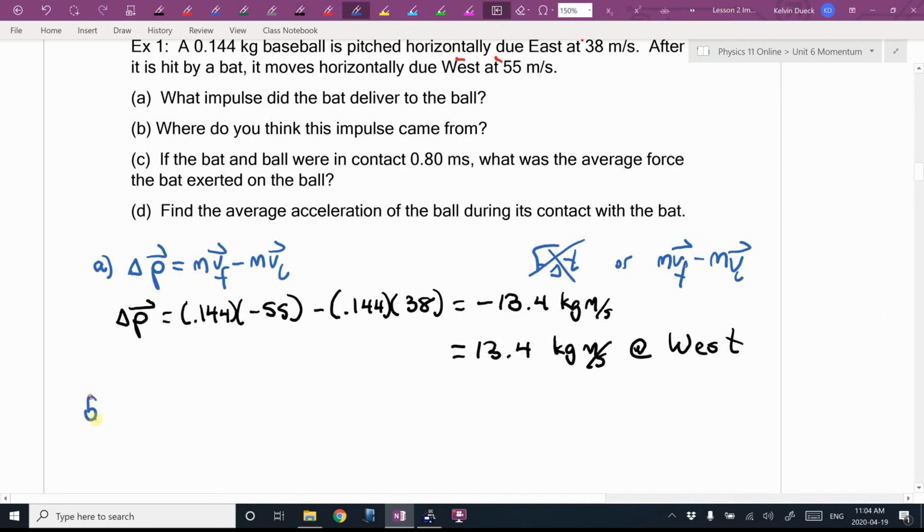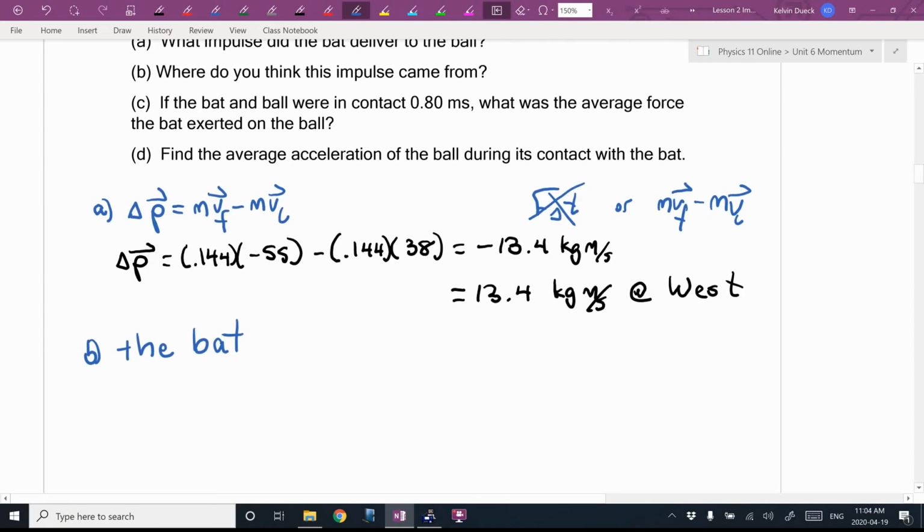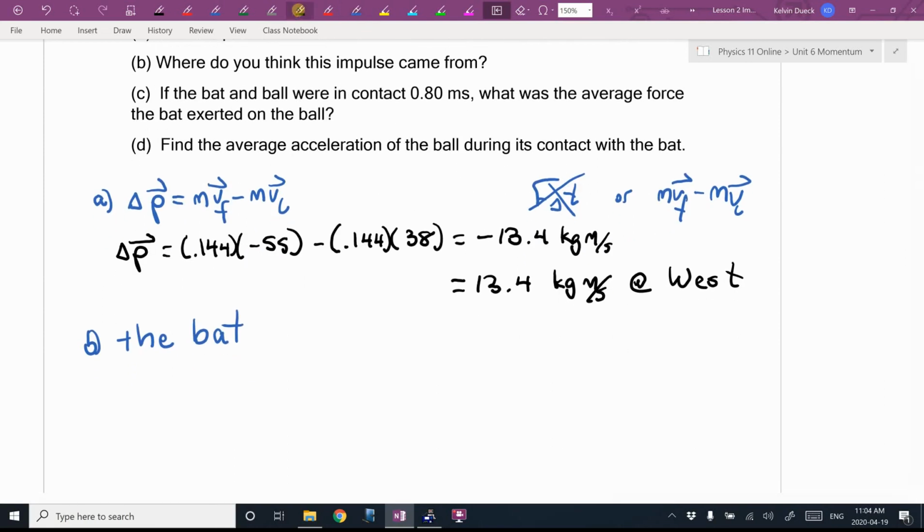Where does the impulse come from? Well, the bat applied an unbalanced force. Speaking of force, part C says, if the bat and the ball were in contact for 0.8 milliseconds. Okay, 0.80 milliseconds.